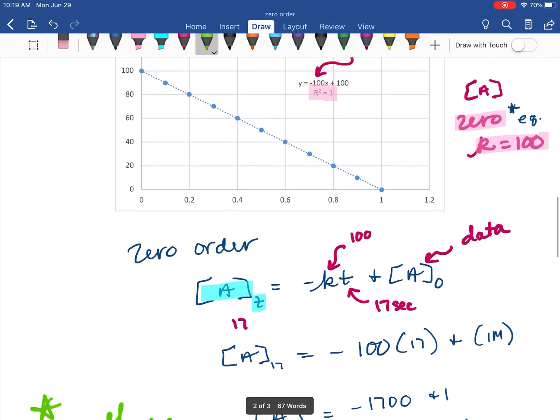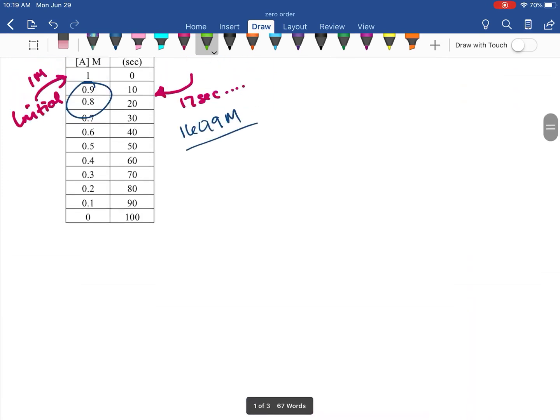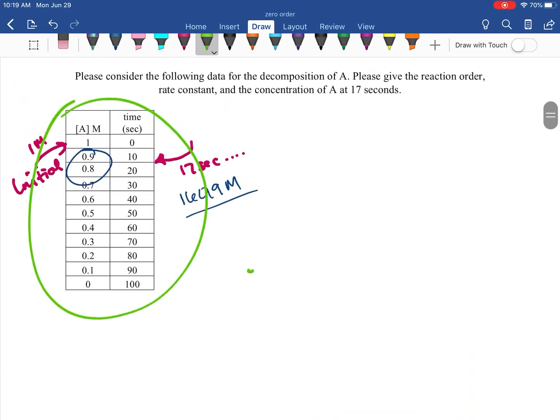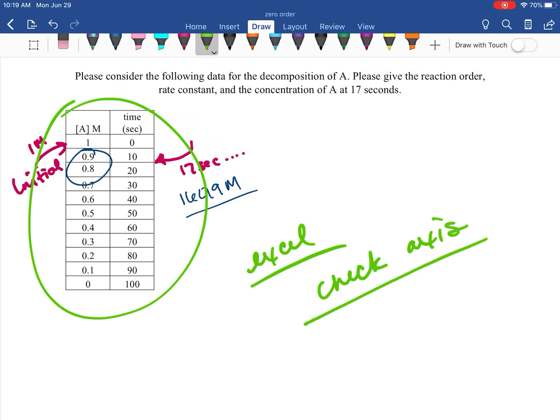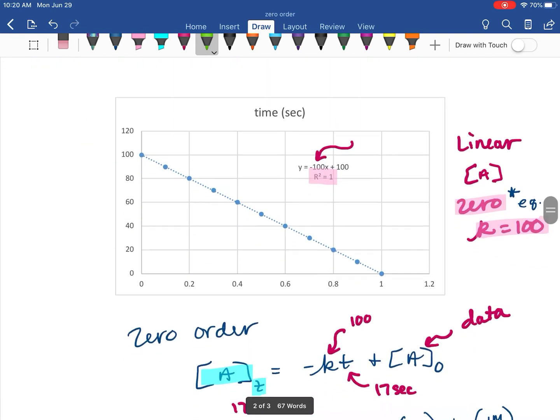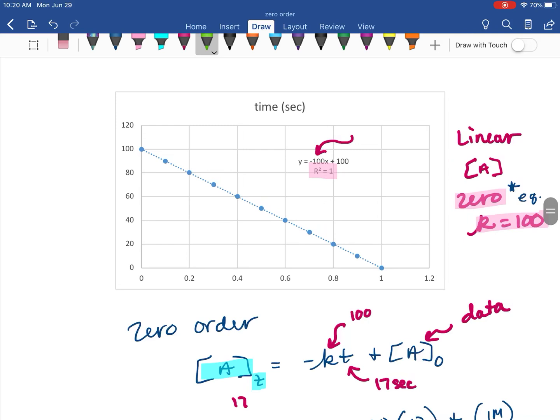Now, the one thing with Excel that you have to be careful of, when you put in your data on Excel, you have to check your axis. So we want to make sure when we're plotting that we have concentration versus time. So let's double check that on our data plot. Oh, okay. Look at your data. Hang on a second. Over here, we ended up with time, and over here, we ended up with concentration.